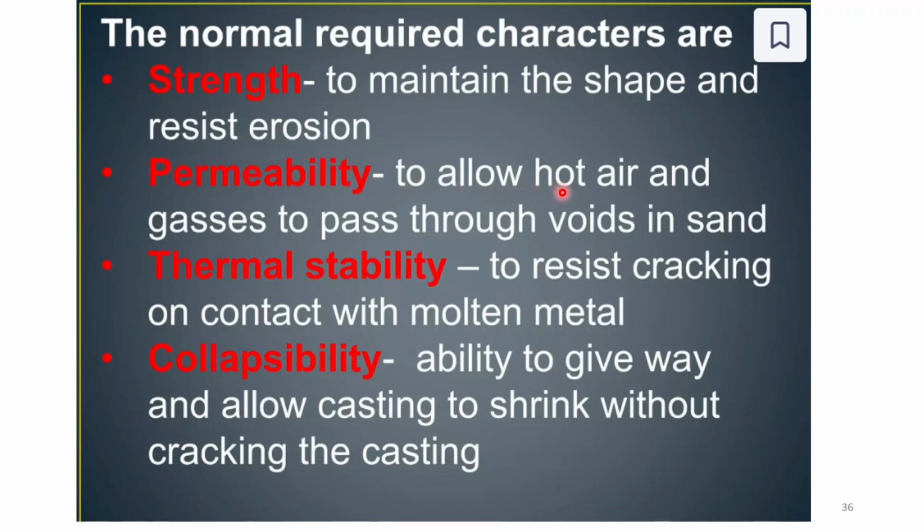It allows hot air and gases to pass through the voids in sand. It should have good thermal stability to resist cracking on contact with the molten metal. It should also have good collapsibility, so it should have the ability to give way and allow the casting to shrink without cracking the casting.